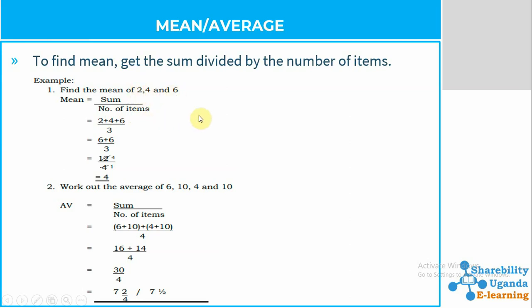So when you get the sum, that is the addition of 2 plus 4 plus 6, then you divide by 3.